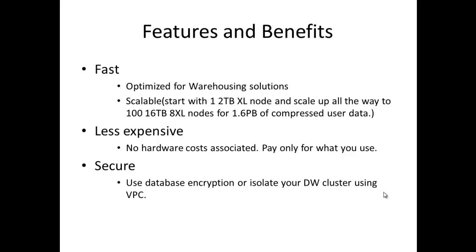In case of an on-premise data center, there are hardware costs associated which can be easily avoided using Amazon Redshift. We only pay for the resources that we provision. Also, security of the data warehouse can be ensured either by using database encryption or by using HSM. Also, it is possible to isolate the entire DW cluster by using virtual private cloud.